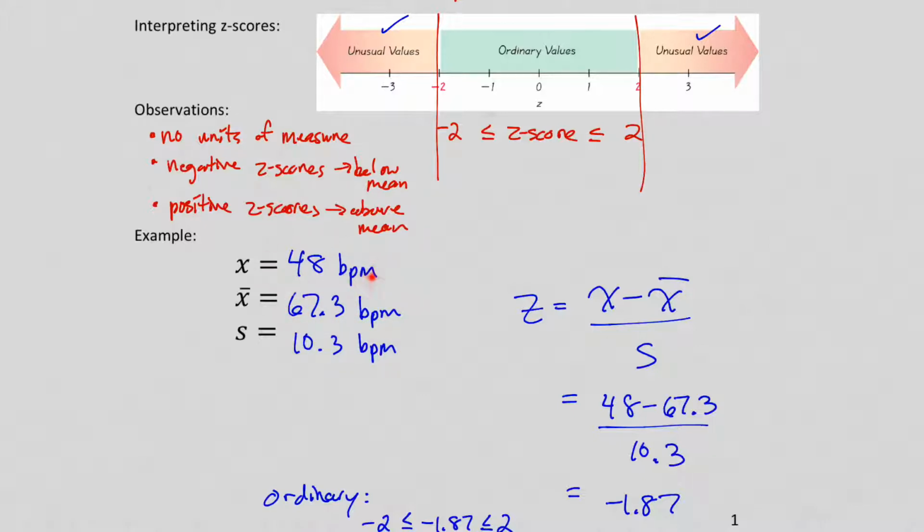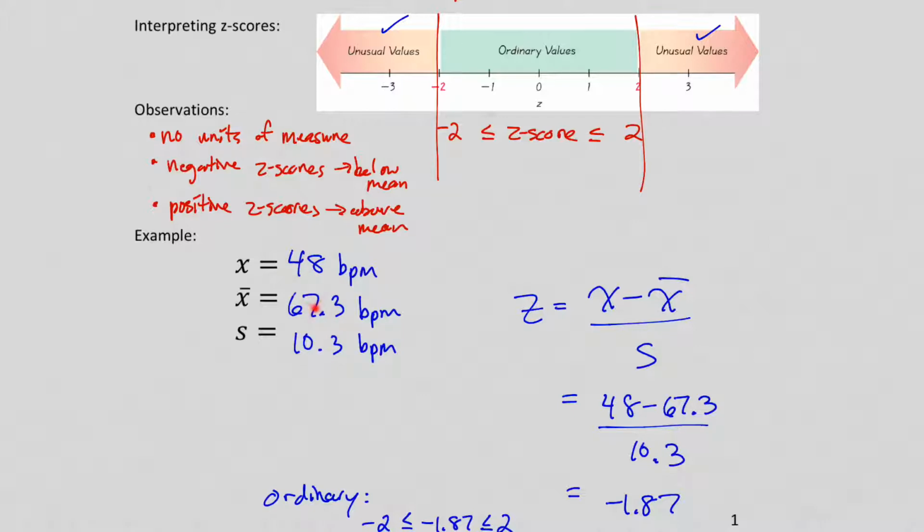This 48 I believe is the author of the book, who measured his own. Obviously it's below the average, but how far is it from the mean?